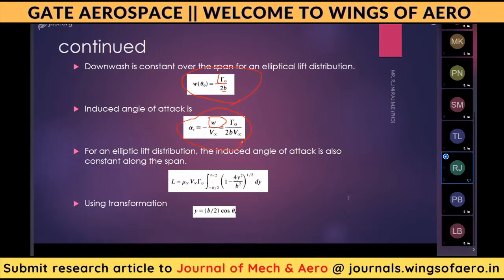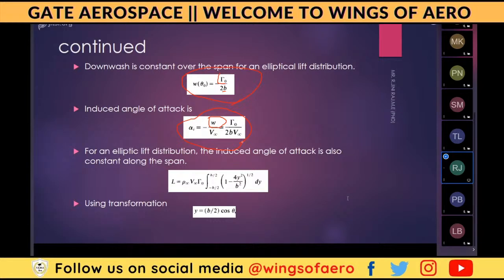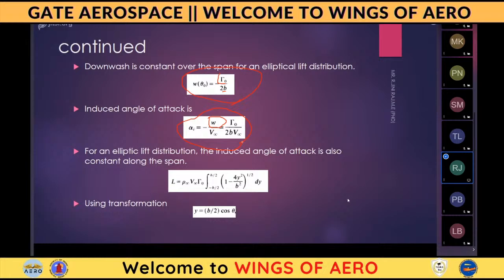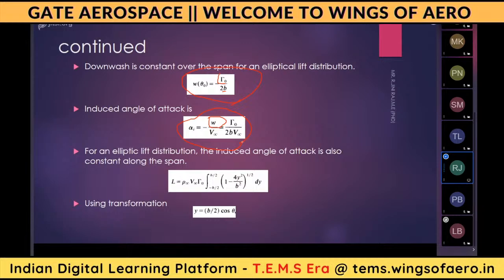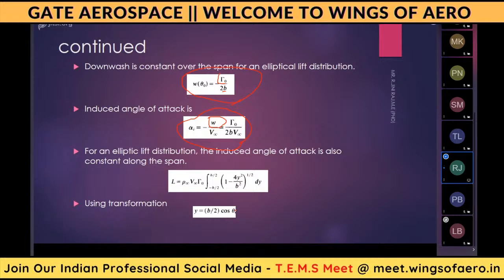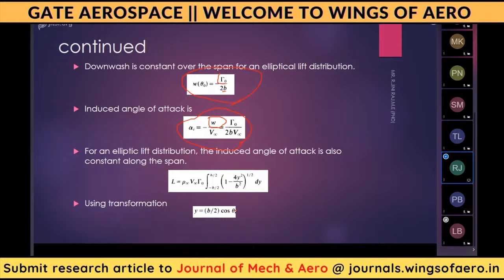Suppose you get a problem like this: find the induced angle of attack for a 50 meter span, and the circulation value is given. Then you need to calculate the induced angle of attack based upon this formula.